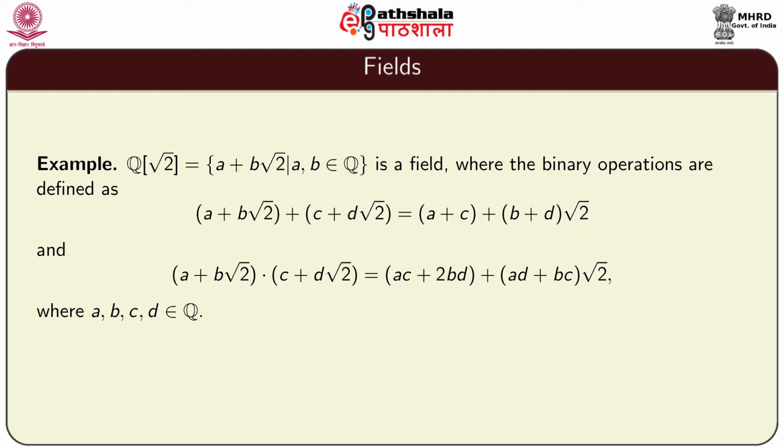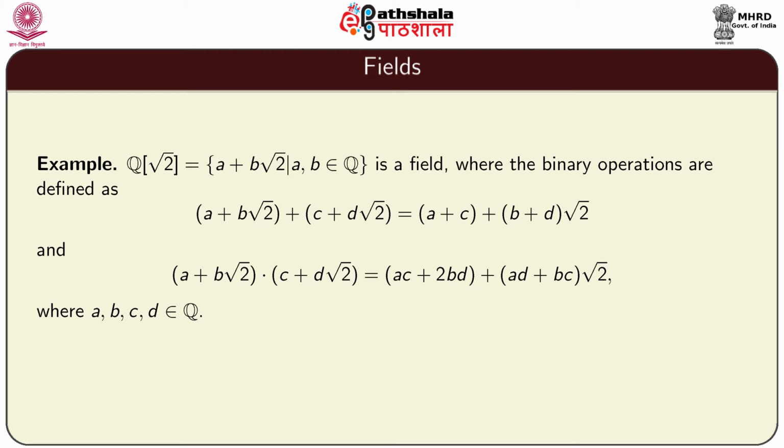This is what we call Q adjoint root 2, that is the collection of all those real numbers which are of the form a plus b root 2, where a and b vary over the set of rational numbers. You can see that this is an infinite set.